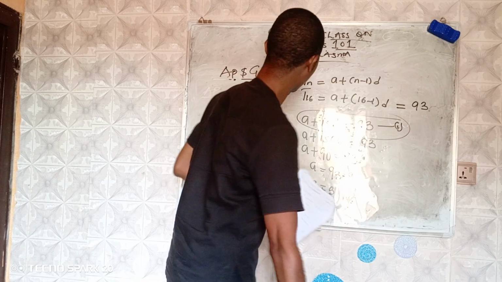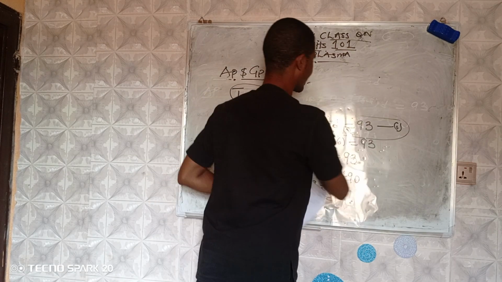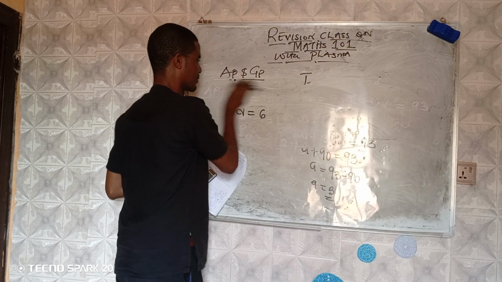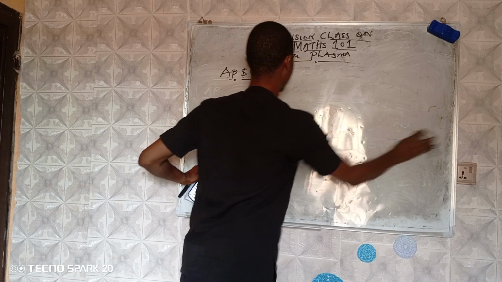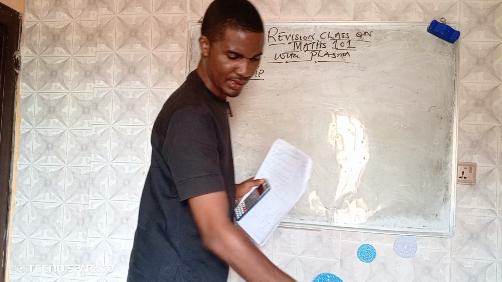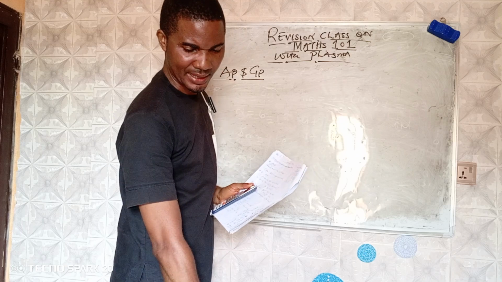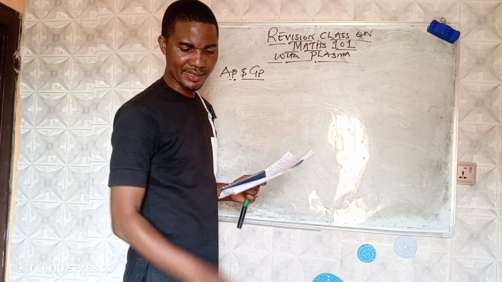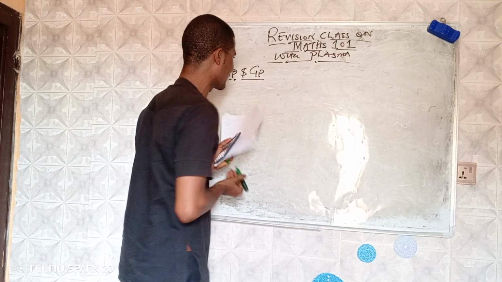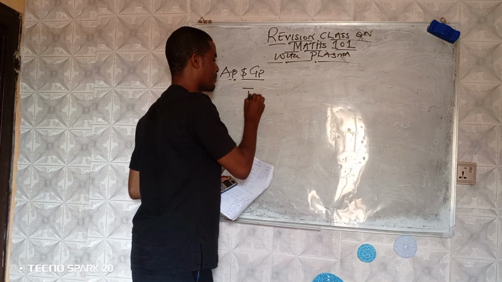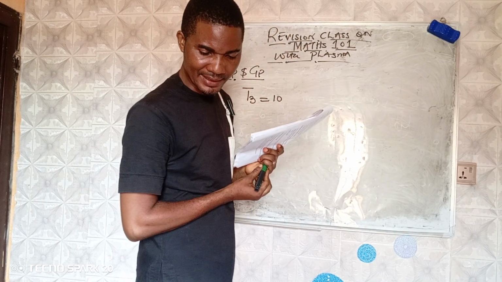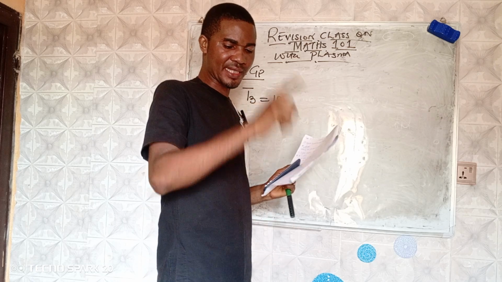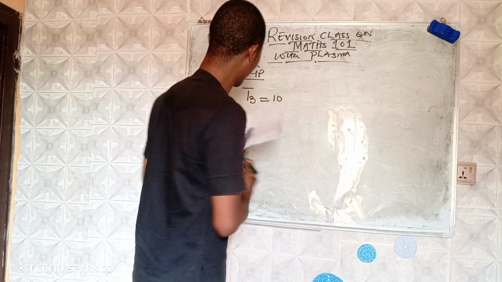We move to another example. The second example says the third term of an AP is 10, and the seventh term is 34.